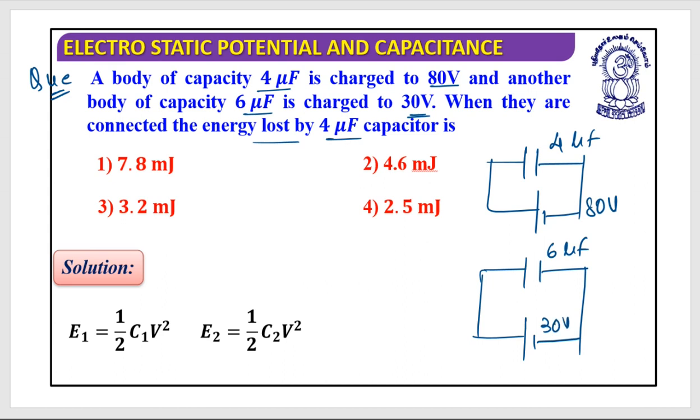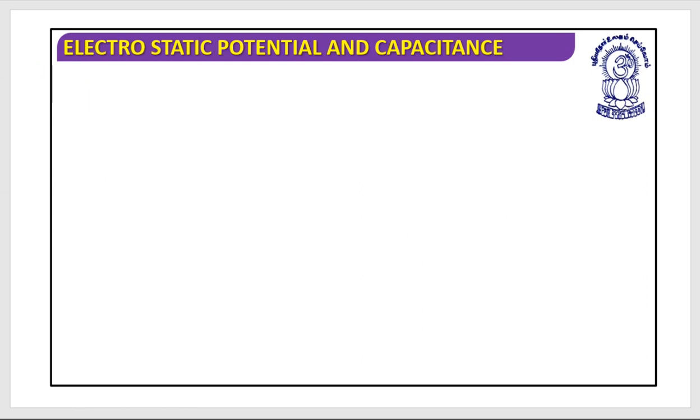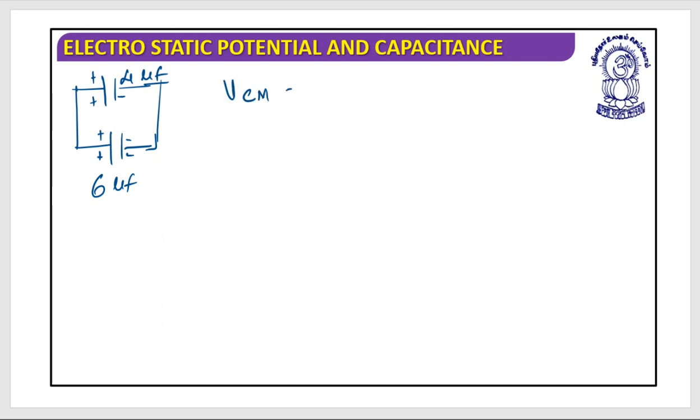Now they are connected in parallel to each other, so things would be something like this. Nothing is mentioned, so I assume these plates are positive, and it is obvious that the other plates are negative. First let me calculate VCM.